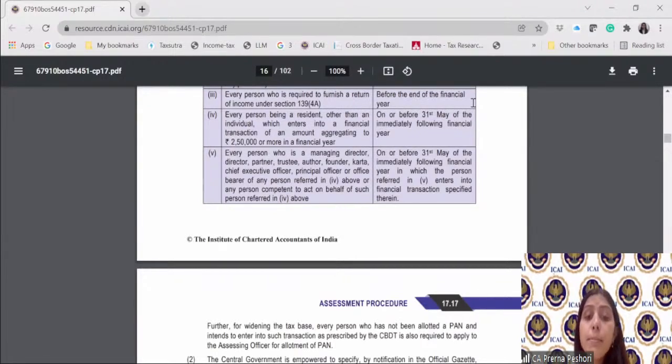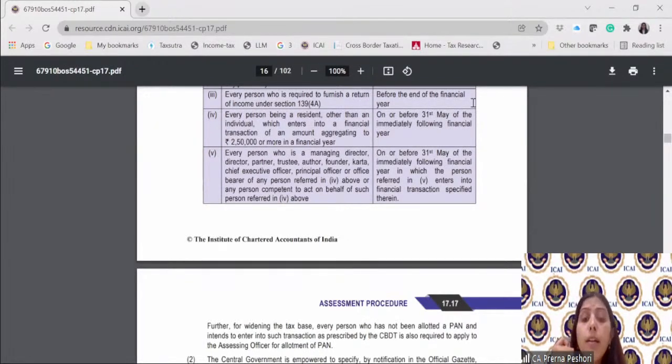If you are opening a demat account, you are required to quote a PAN. If you are making a payment to a hotel or restaurant in cash exceeding rupees 50,000, then you need to give your PAN.